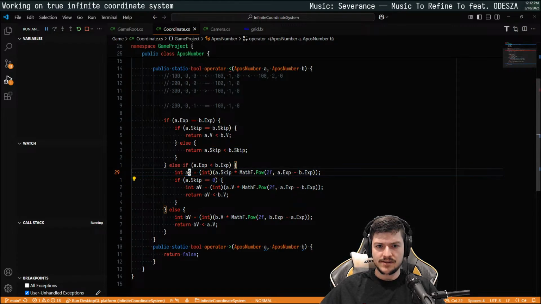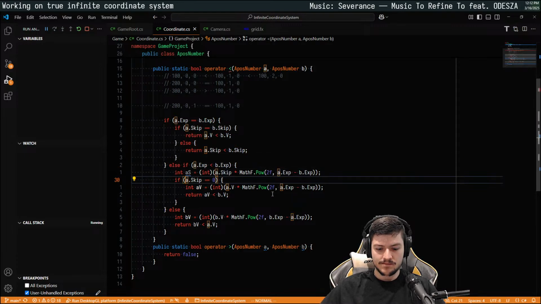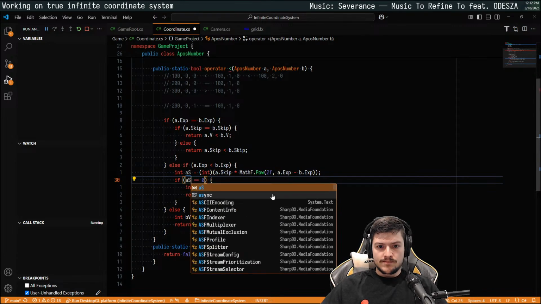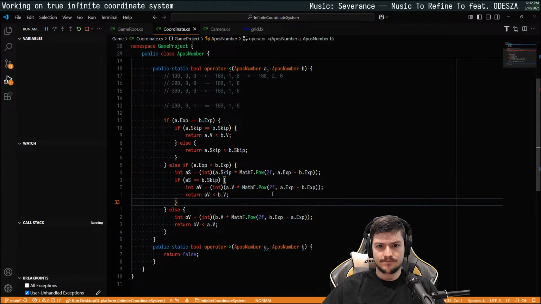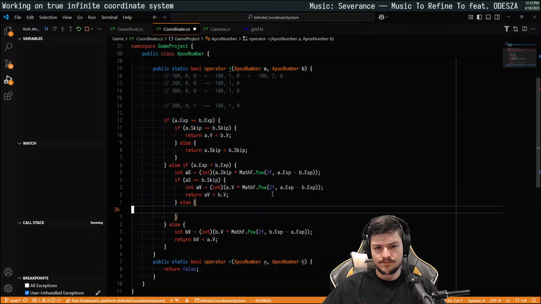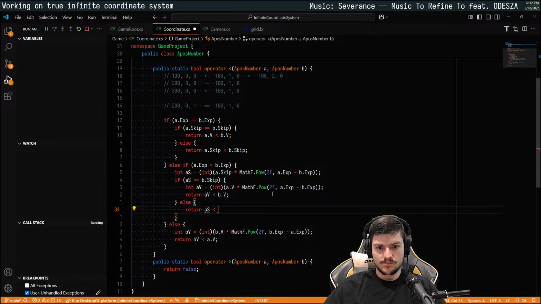Then I can do if, then I can do this, and smaller to... Something like that. Does it work?